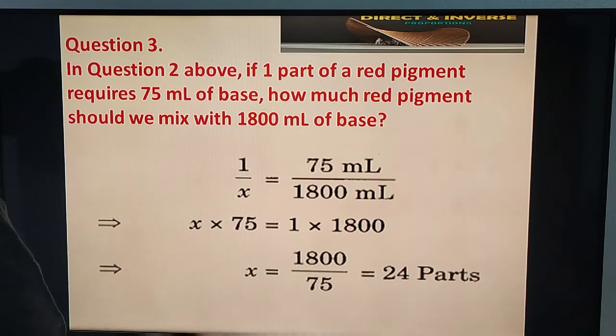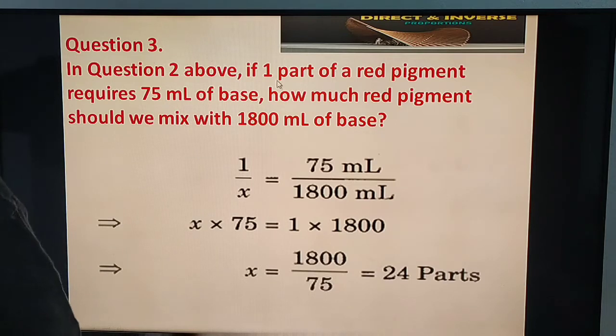If you want to know how many pigment parts are required for 1800 ml, then what happens? This 1 by x and 75 by 1800 are in direct proportion. If you do cross multiplication, then 75x equals 1800 into 1. So x equals 1800 divided by 75, that is equal to 24 parts.